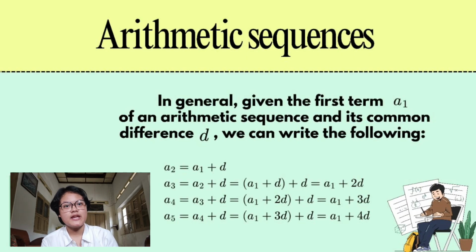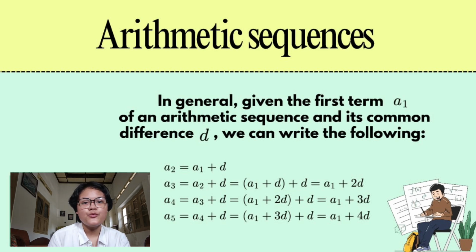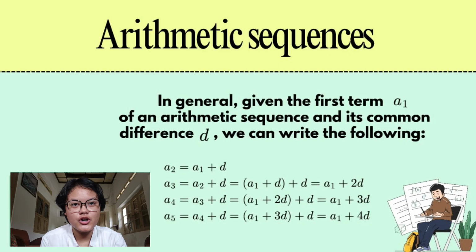So a sub 3 equals a sub 1 plus 2d. You can look at this screen, I have written that. And then we find a sub 4 equals a sub 1 plus 3d, and a sub 5 is equal to a sub 1 plus 4d. Okay, guys, I hope you understand this.